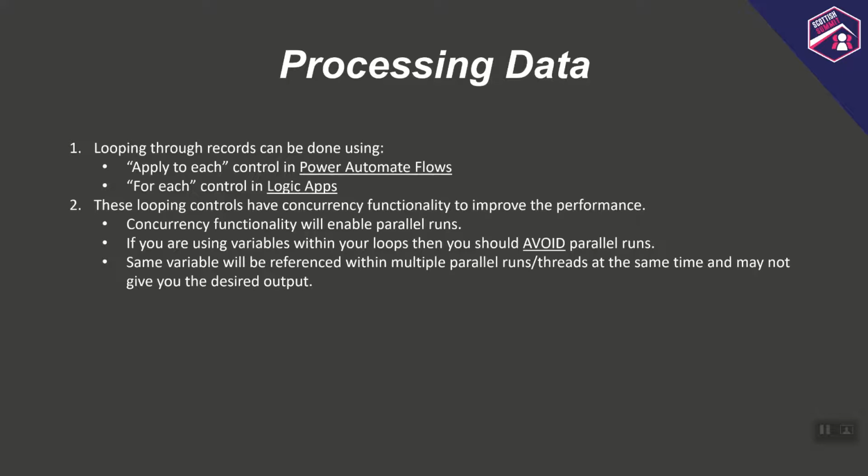And then that means you might not get the desired output required. And Microsoft has also recommended that you don't use variables within your parallel runs simply because of that reason.